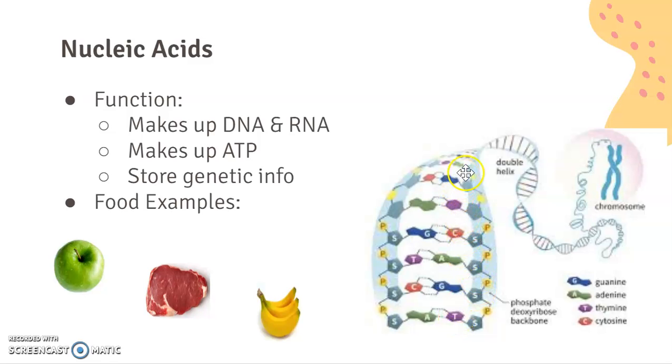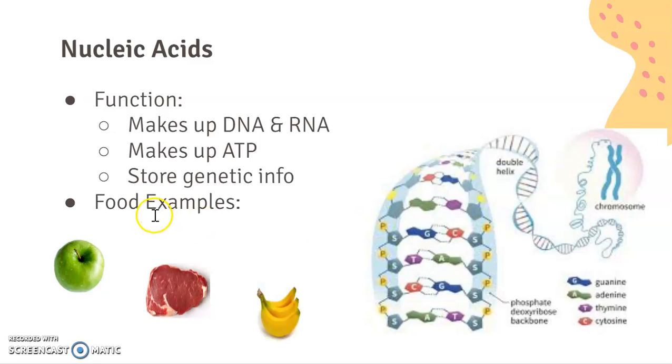So we take a bunch of nucleotides, and whenever we get all those nucleotides together, that makes a nucleic acid, because that would be the polymer. It also makes up ATP, but the main thing here is that it stores genetic info. Not the whole purpose, but a main purpose of nucleic acids is storing that genetic info.